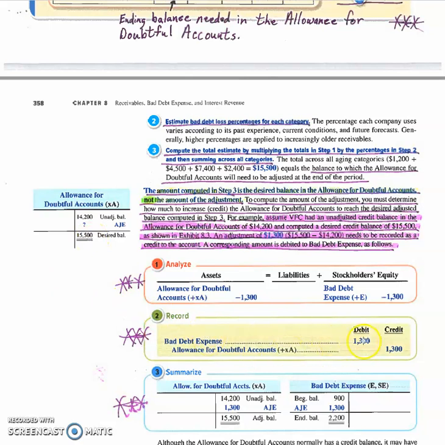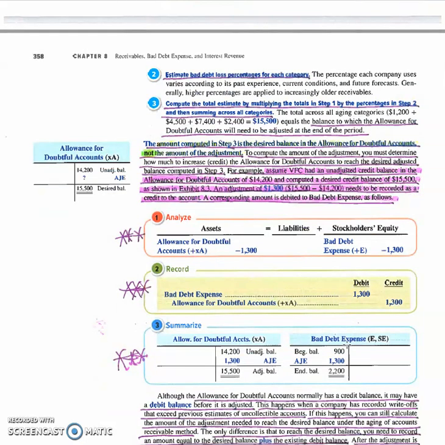Now again, this is what we refer to as a plug number. We just plug that. We say, how much more do we need to get us there? Now, what if the allowance account had a $200 debit balance? Well, then we would have needed a credit of $15,700 to get us to this ending credit balance of $15,500.